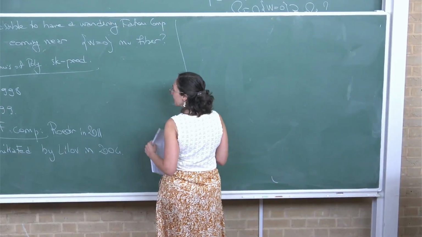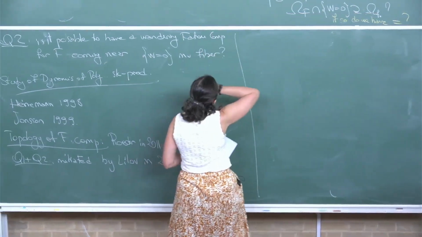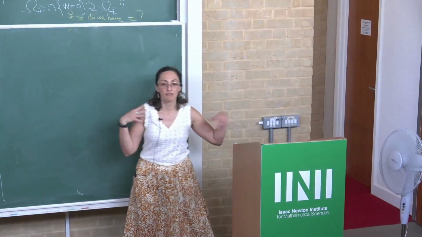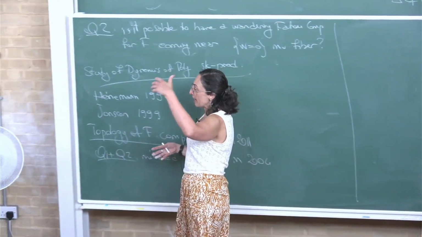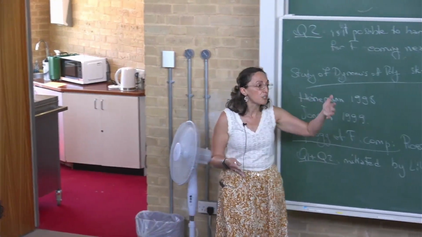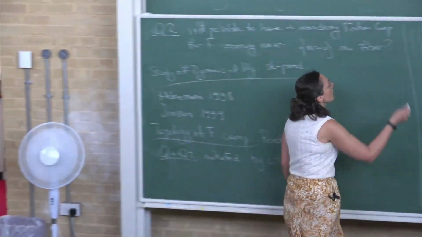But in order to be able to tell you what he proved, I hope you agree with me that if I now take an invariant fiber, it's going to be a fixed point for G. And what are the fixed points that I'm interested in? Well, I'm interested in fixed points that are in the Fatou set or close to. So I'm going to give a definition.